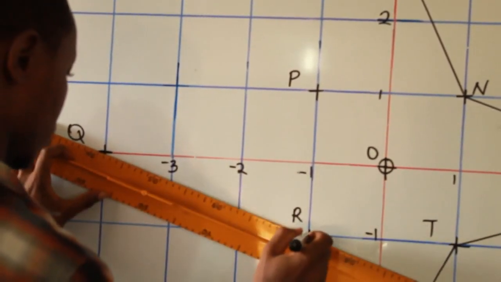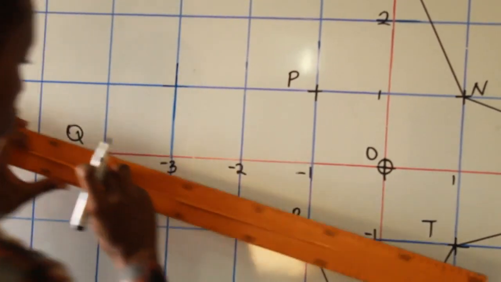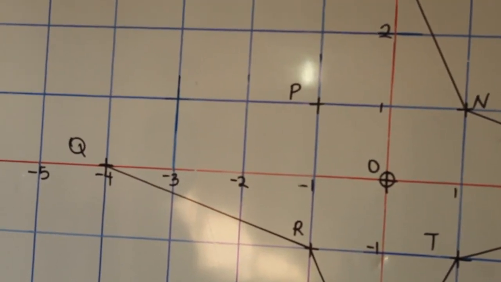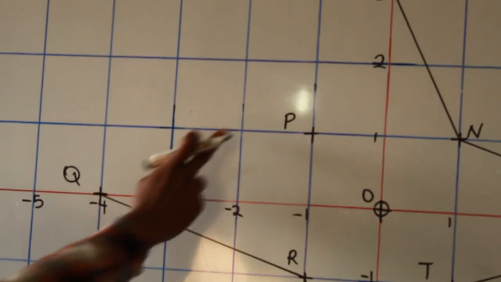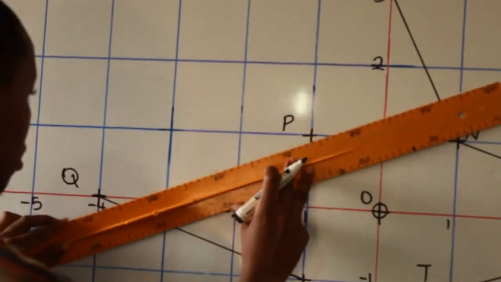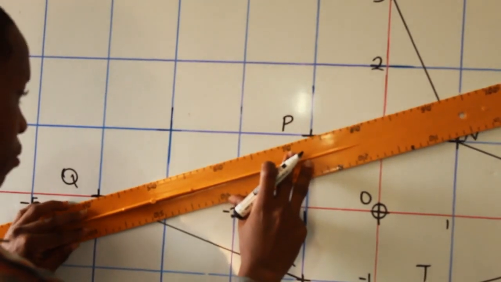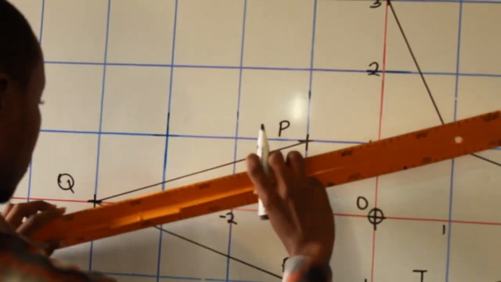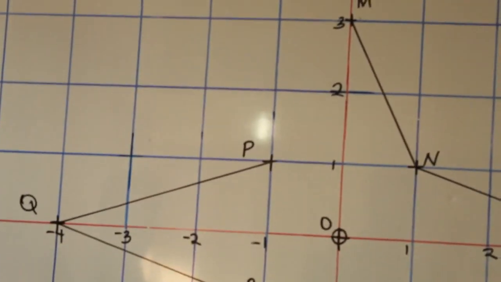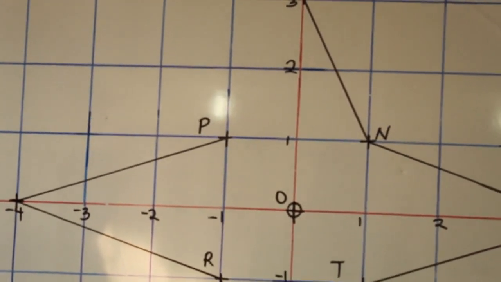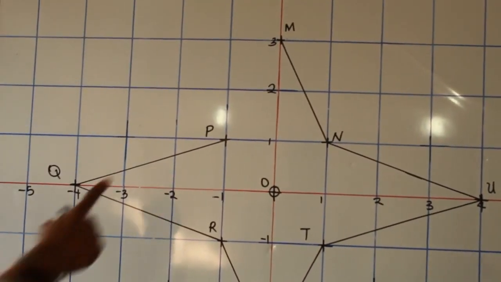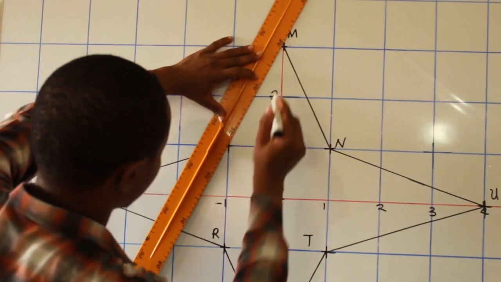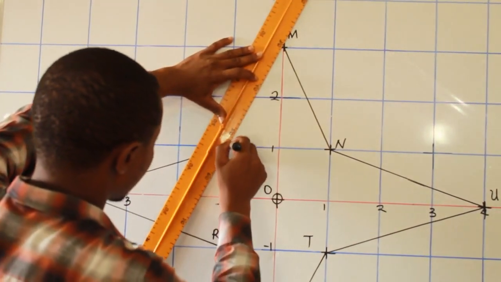R to Q. The next is from Q to P. This is Q, this is P. So joining with straight lines, Q to P. And the next is P to M. This is P, this is M. Joining with straight lines. P to M.